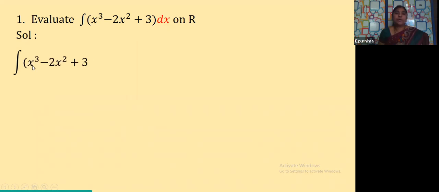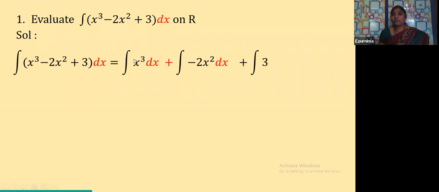Integral x cube minus 2x square plus 3 into dx is equal to integral x cube into dx plus minus 2x square into dx plus 3 into dx.